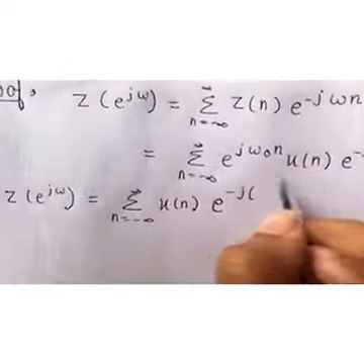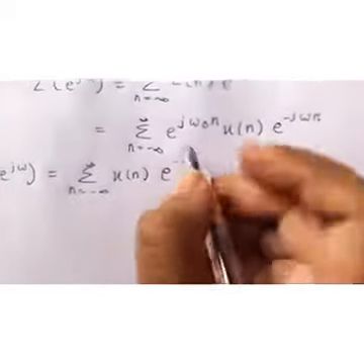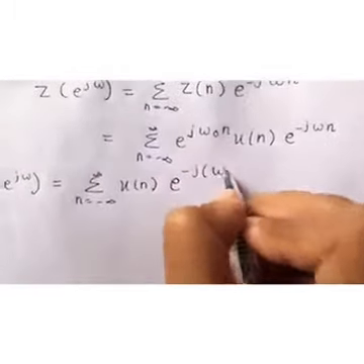By taking the exponent common, we get j times omega minus omega naught times n.